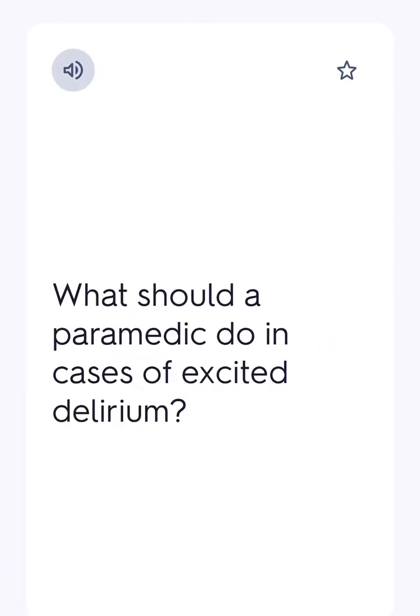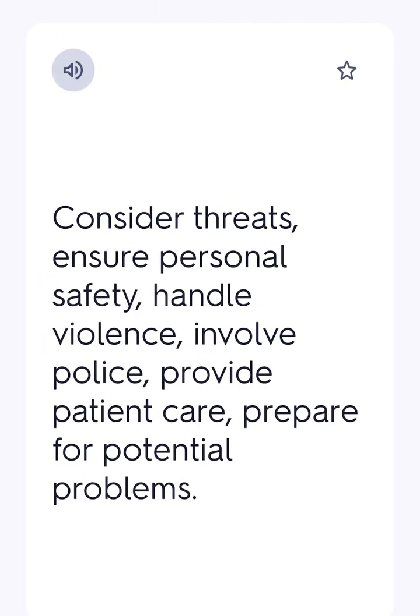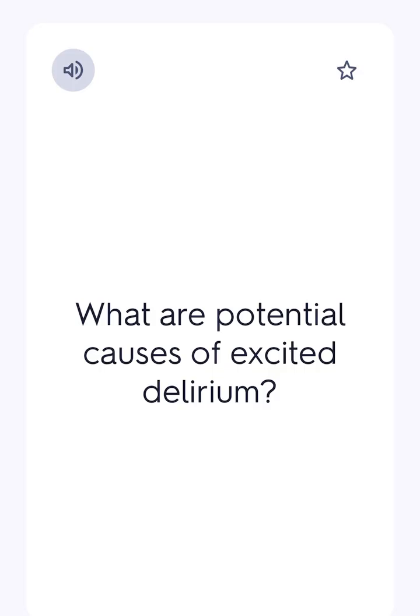What should a paramedic do in cases of excited delirium? Consider threats, ensure personal safety, handle violence, involve police, provide patient care, prepare for potential problems. What are potential causes of excited delirium?